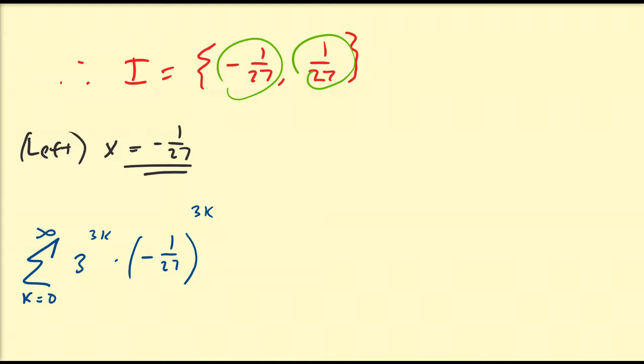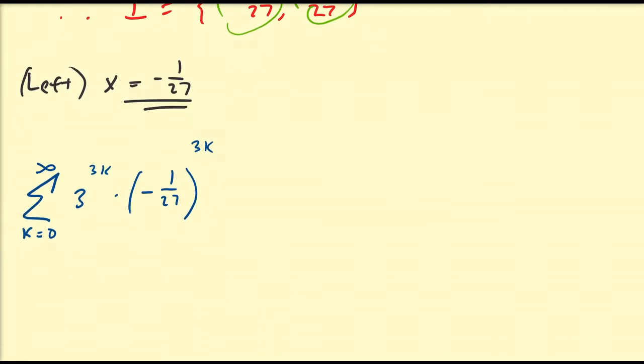So what exactly is this? Notice we have a negative sign inside of an odd power, so it alternates from positive to negative. So we can rewrite this as the sum from k equals 0 to infinity of negative 1 to the k times what? We have 3 times 1 over 27, the same power, so we can combine the insides. So that's going to be 3 over 27, which is the same as 1 over 9.